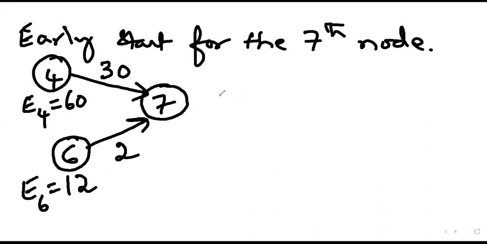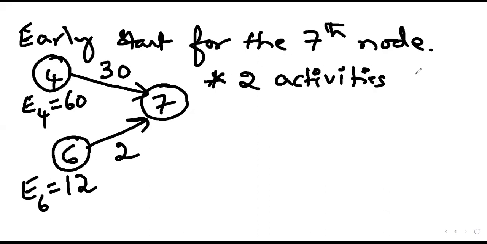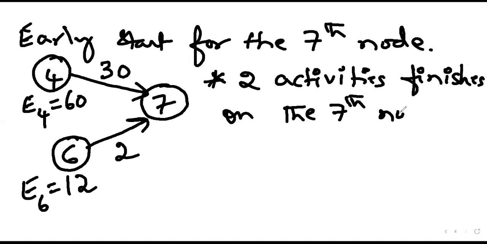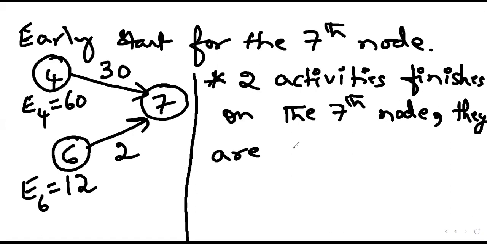So two activities finish on the 7th node: 4-7 and 6-7.